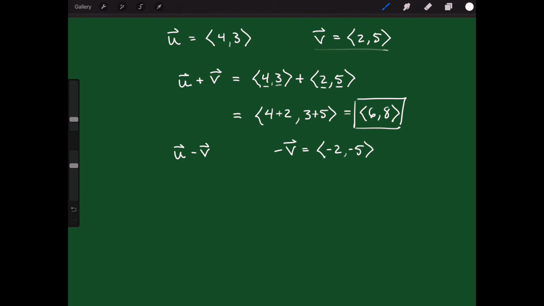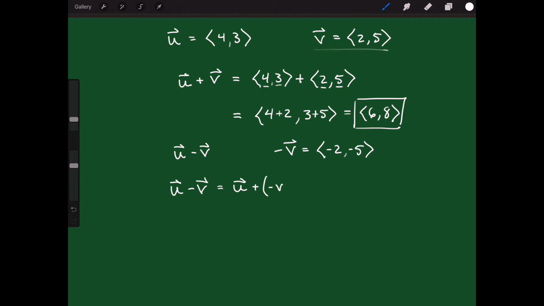Okay? So in other words, if you have a negative in front of a vector, you can just negate each component of that vector.